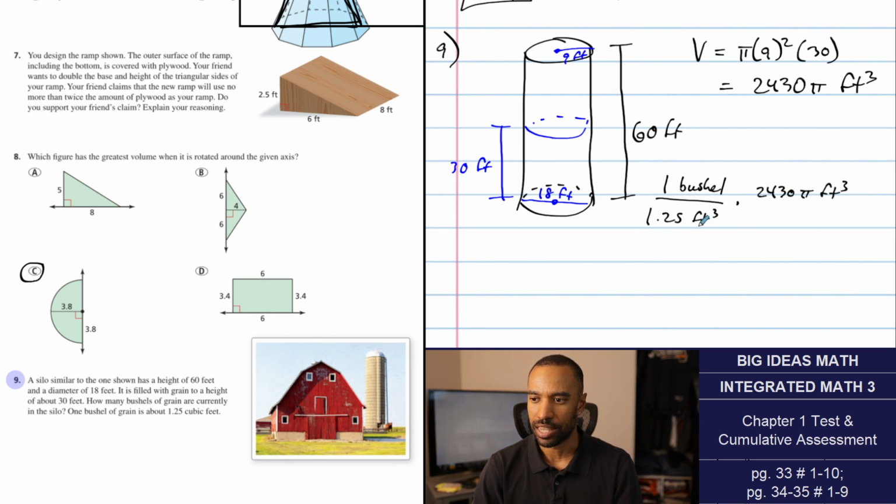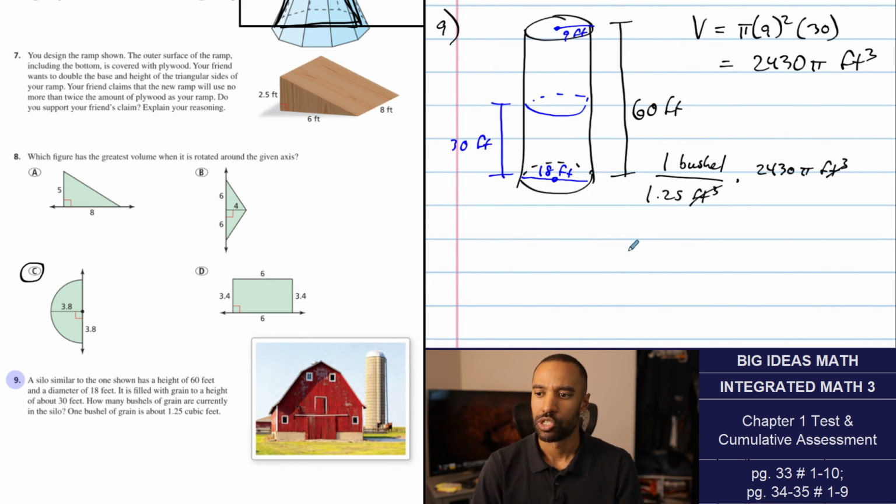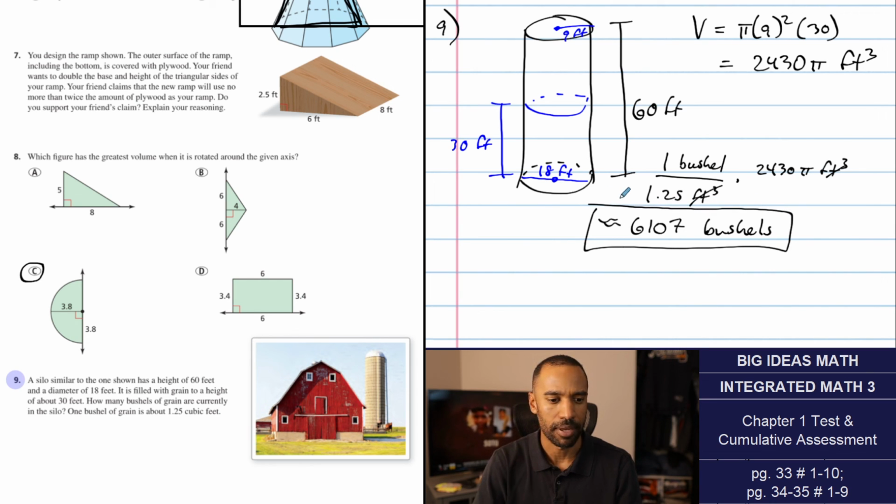And then you can see that what happens, although these cancel out here, you're going to divide this by that. So 2430 pi divided by 1.25. You could also set it proportion-wise. And I'm using pi with this, so it's around 6107 bushels. There's a decimal, it's like 0.25 something, but around that many bushels.